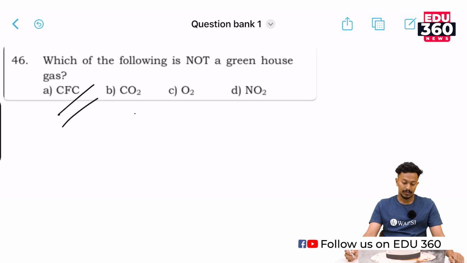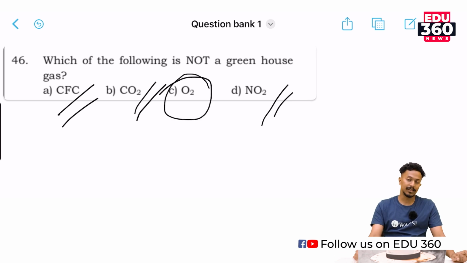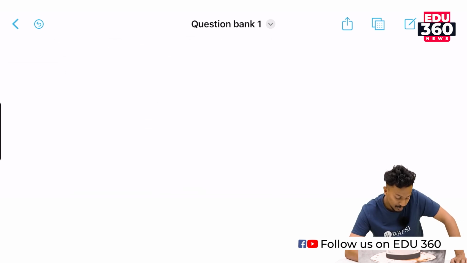Carbon dioxide, which increases the temperature in the atmosphere, is also a greenhouse gas. Nitrogen dioxide, which is produced by automobiles, industries and sewer systems, is also a greenhouse gas. So the correct option would be oxygen. This is not a greenhouse gas. That was a simple question. We will move on to the next one.